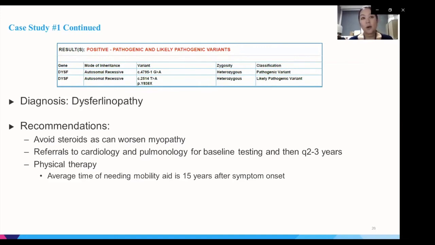And then we were also able to give him a sense of prognosis, that oftentimes these patients, by the time they're in their 40s or 50s, will need walking aids, so canes or a walker or a wheelchair. So that he can prolong his mobility as much as possible, we referred him to physical therapy.